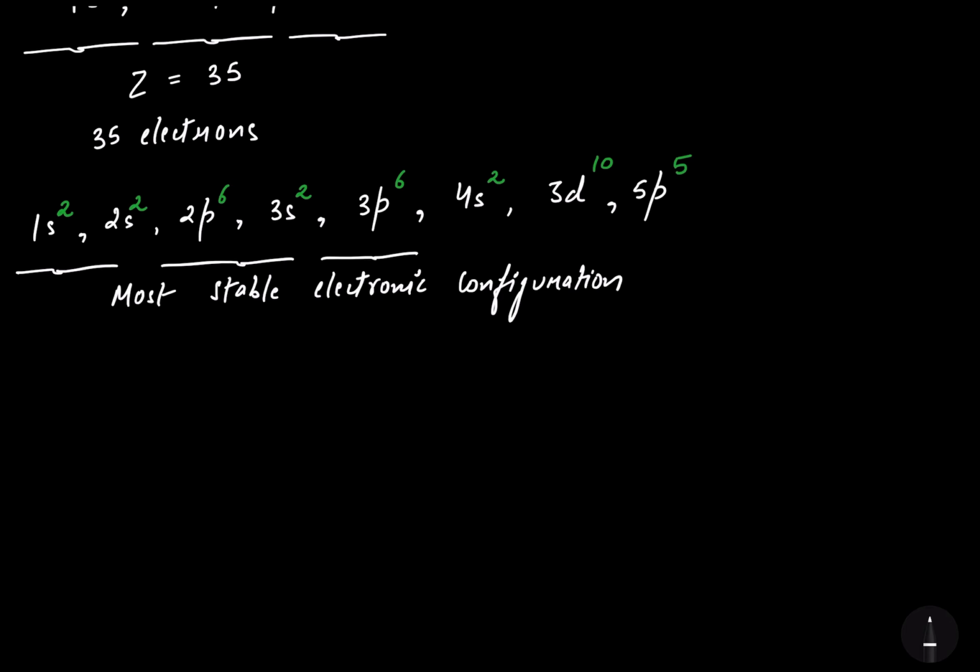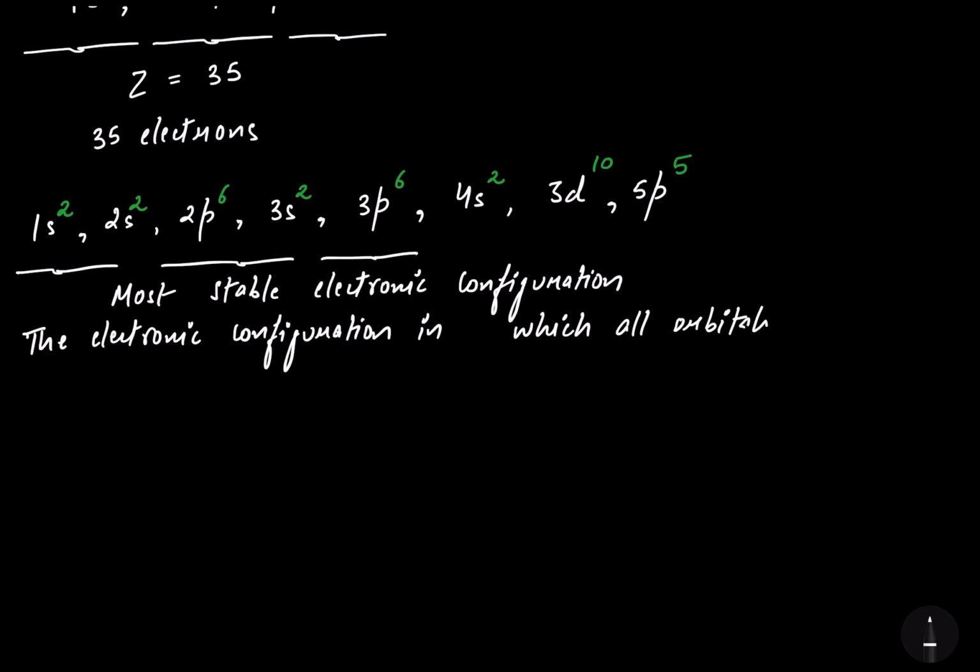The electronic configuration in which all orbitals of the same subshell, because they are degenerate orbitals.